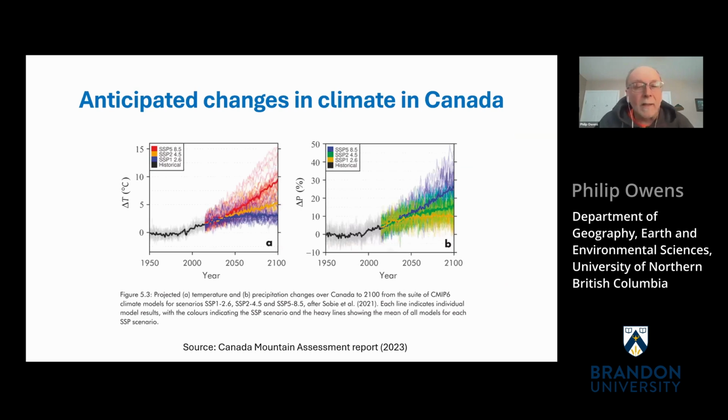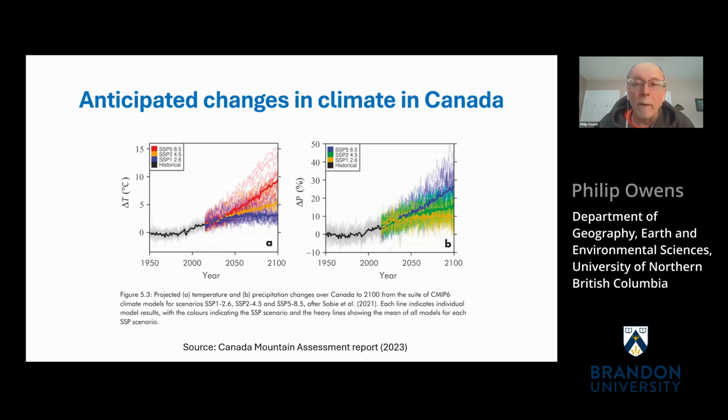And the worrying thing is that, linked to that, like the rest of the world, we're seeing a changing climate. So here we're seeing forecasts of temperature change and precipitation change for a variety of different global climate scenarios, because there can be a worse situation and a best situation, and there can be a middle scenario where we're going to do a lot of good things, but we're probably not going to halt global climate change.